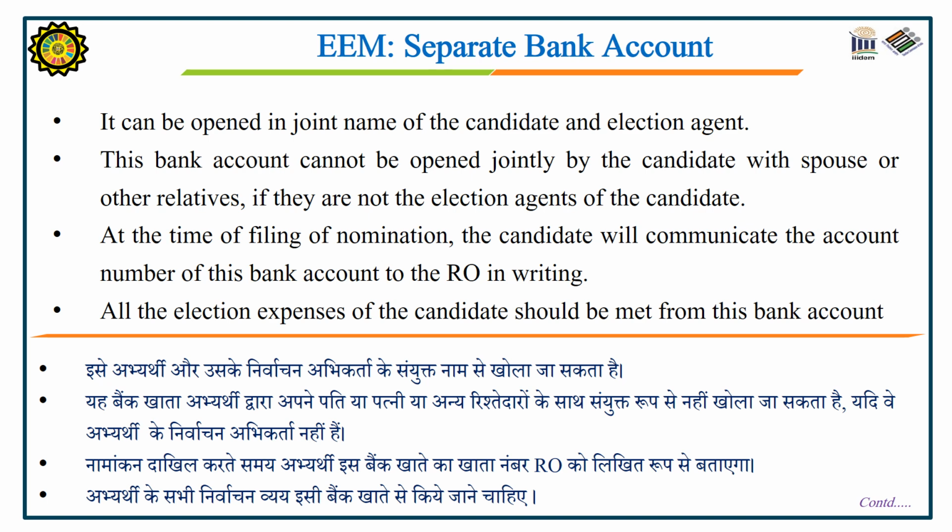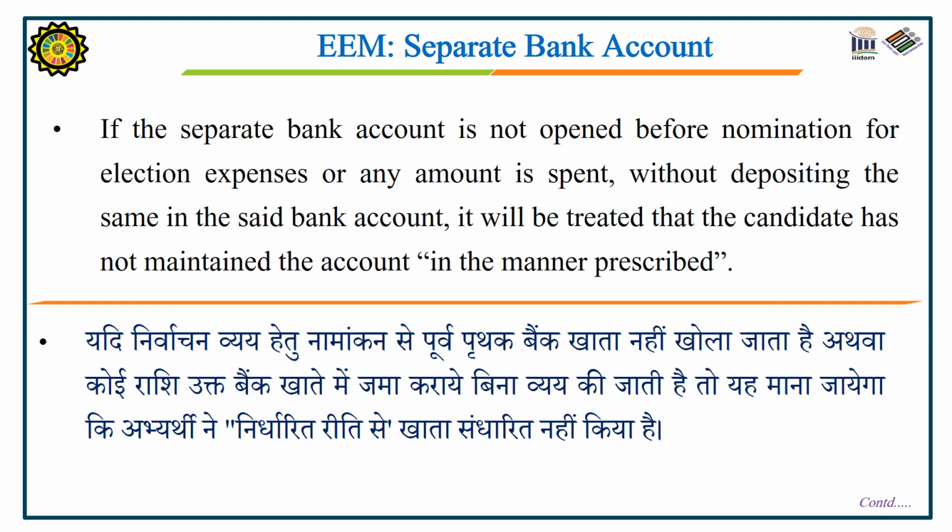All the election expenses of the candidate should be met from this bank account. If the separate bank account is not opened before nomination for election expenses, or any amount is spent without depositing the same in the said bank account, it will be treated that the candidate has not maintained the account in the manner prescribed.